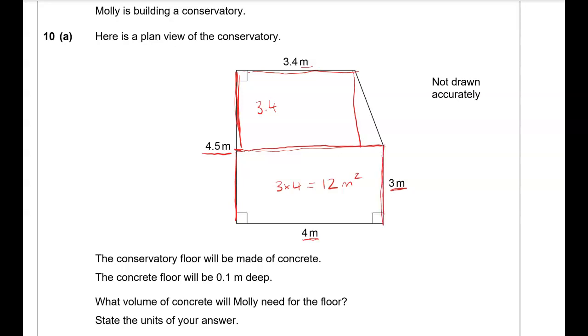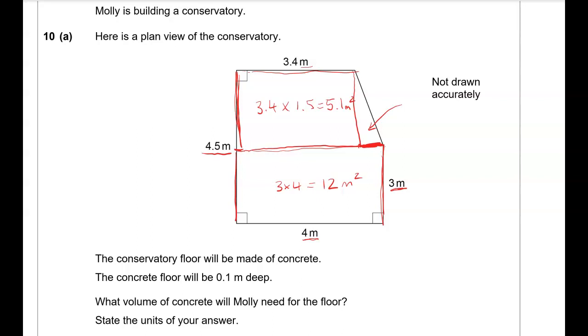So 4.5 take away 3 gives us 1.5, and that is 5.1. Now to work out the area of this triangle, we need the base and the height. What is the base equal to?